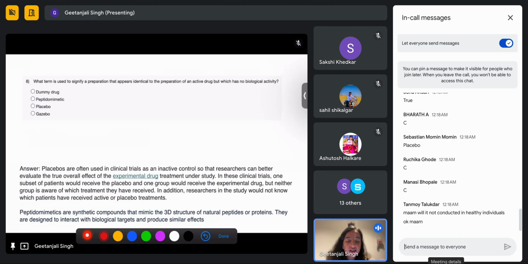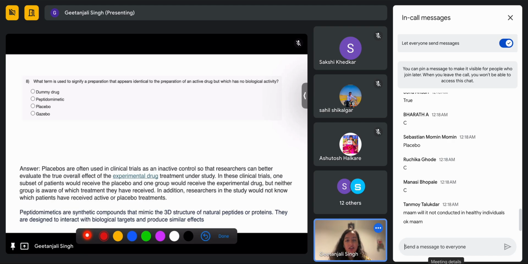So this placebo is just given to eliminate the bias. So yeah, that's placebo. They don't use the term dummy drug. Dummy drug is not a scientific term.